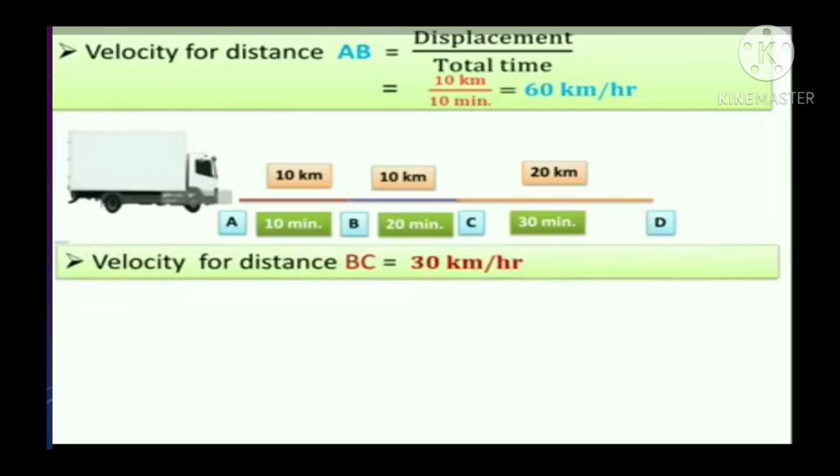If the truck travels the 10 km distance AB in 10 minutes, BC in 20 minutes and CD in 30 minutes, then we will calculate the velocity for each distance.